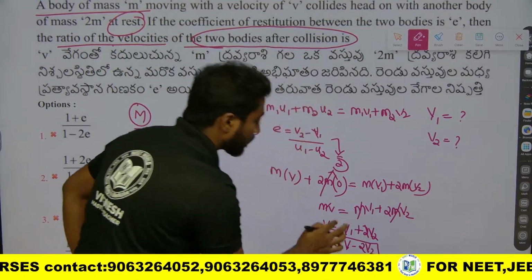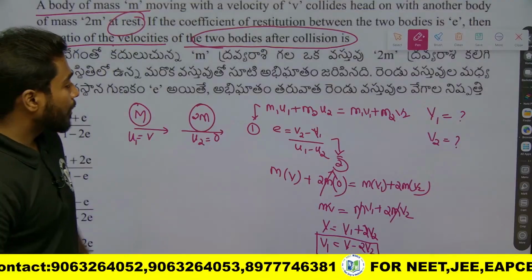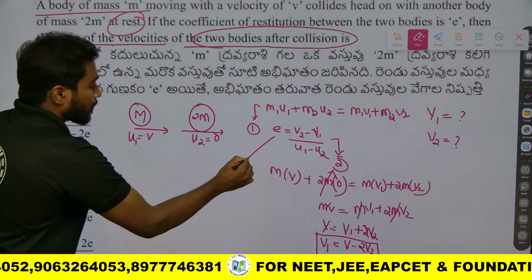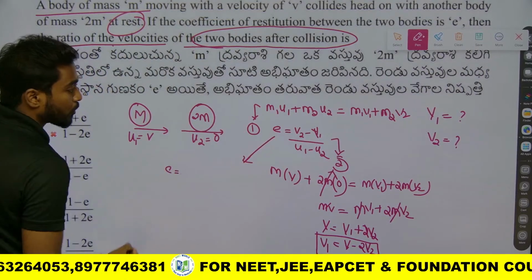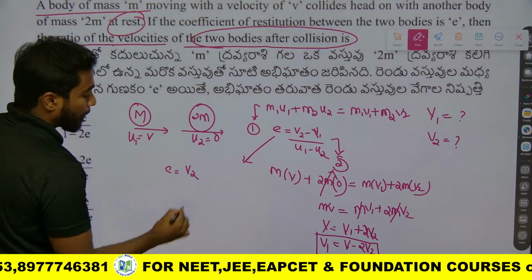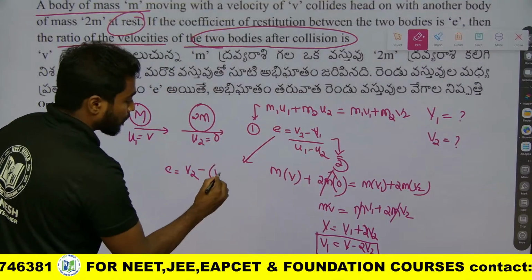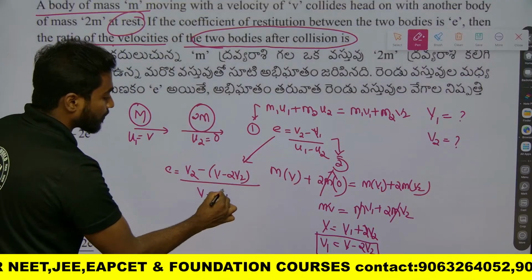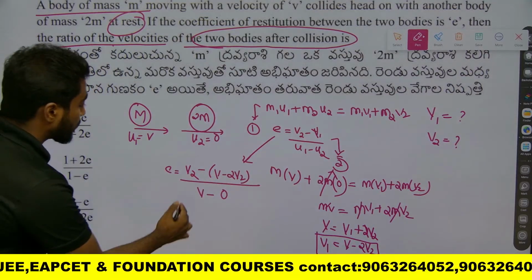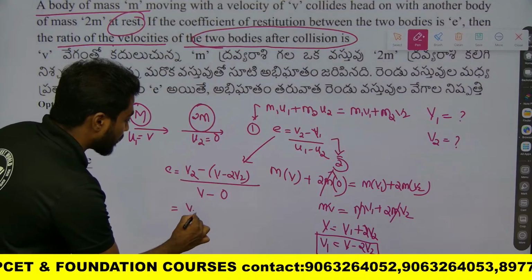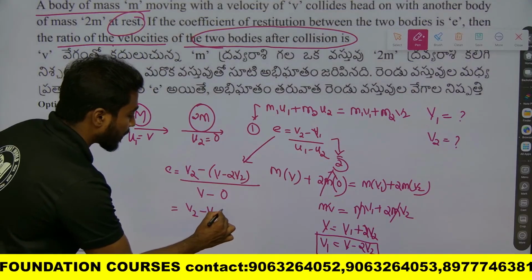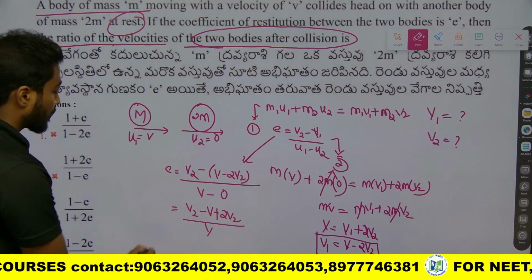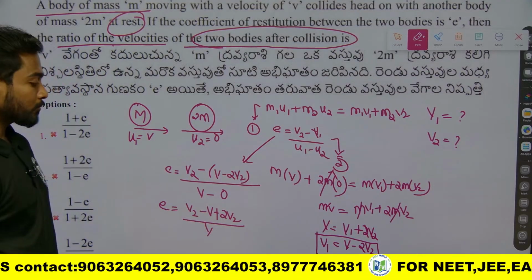This is one thing I can find. The other thing, v2, I need to find. By using this equation can I find? Yeah, see, E is equal to v2 minus v1, and v1 here is v minus 2v2, right? Divided by u1 is v minus u2 is 0. So, I can write v2 minus v plus 2v2 divided by v, which is nothing but E, right.